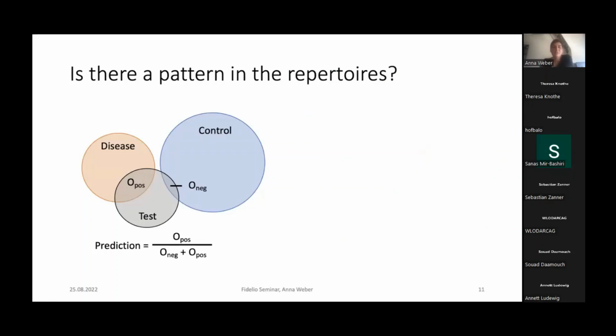Right. So the next thing I did was I wanted to find out whether there are patterns that we find in these T cell receptor repertoires, in the whole of the T cell receptors that we find in these patients. Basically, I was wondering, could a very, very simple model distinguish the patients from the controls?